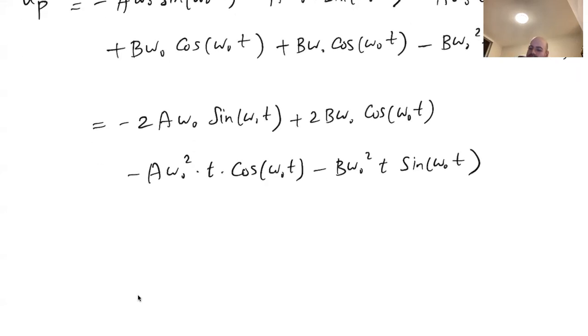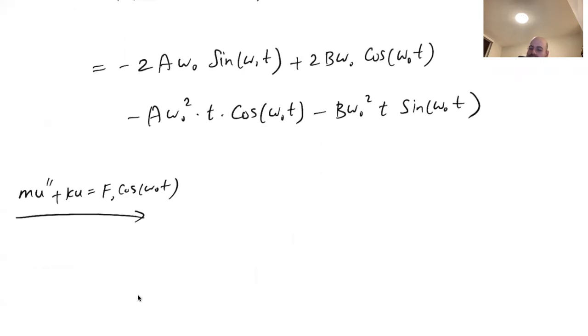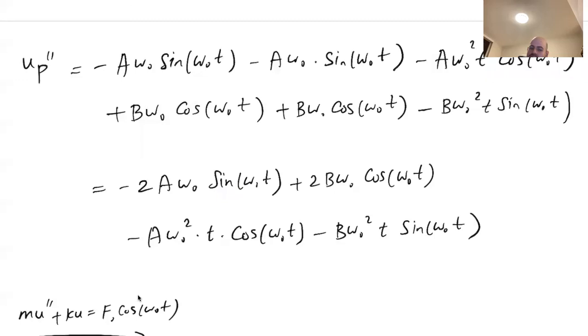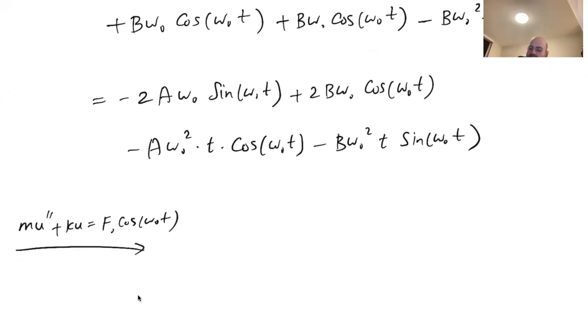And now if I substitute back, remember our equation was m u double prime plus k u equals f0 cos omega naught t. Then we'll have m times u double prime. I just need to multiply it with m.